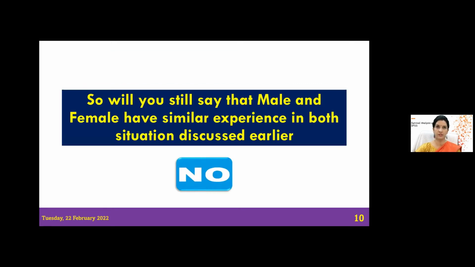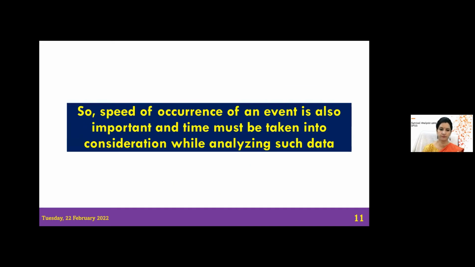So now, will you say that the male and female have a similar experience in both situations? Definitely your answer will be no. So the speed of occurrence of an event is also important, and time should be taken into account while we analyze such data.